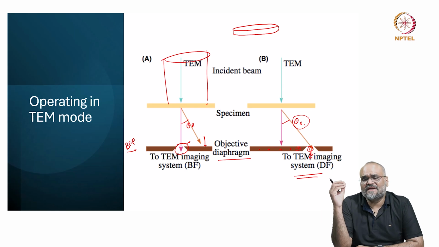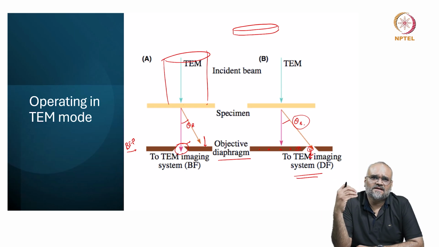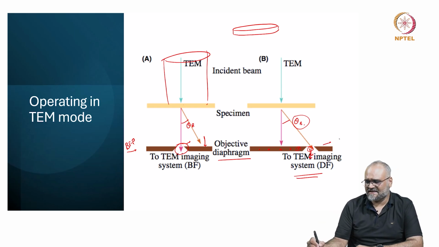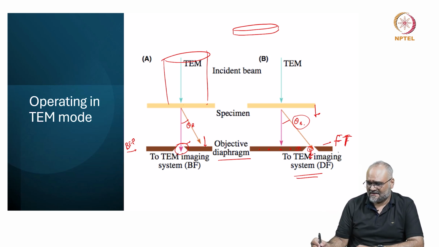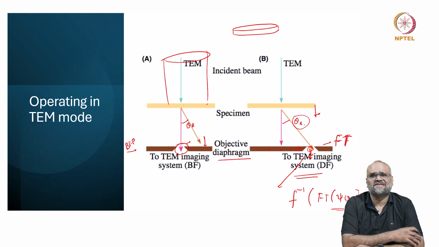This set of electron beams which are forming this particular spot pass through the objective aperture, and if you remember, the information here is the Fourier transform of the exit wave that I have here from the object, and from here to the image plane I take another inverse Fourier transform, giving the intensity from the specimen.